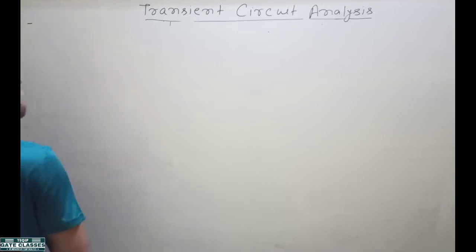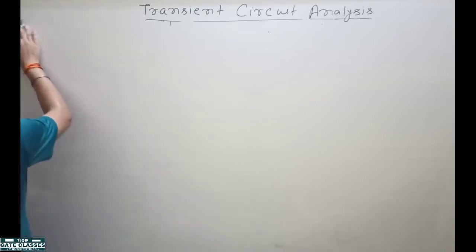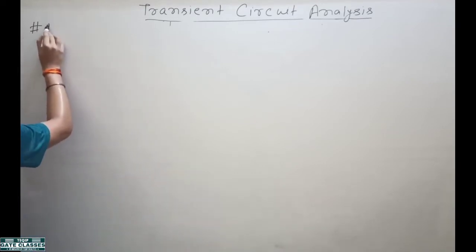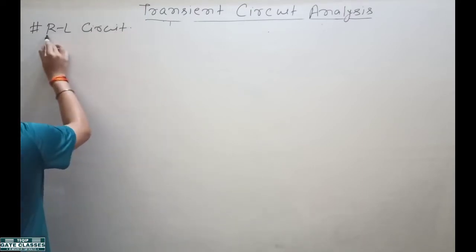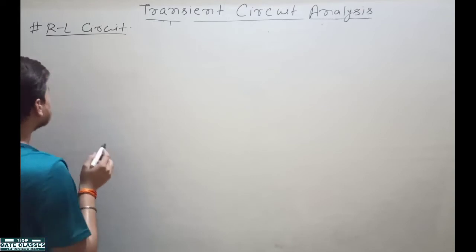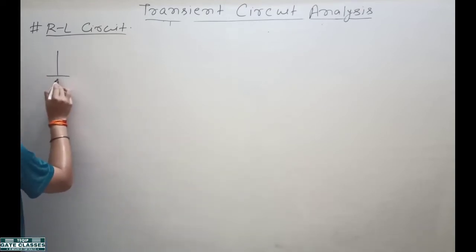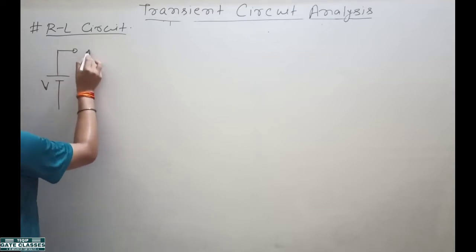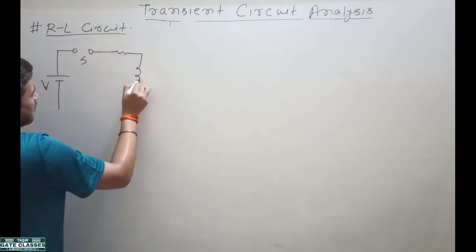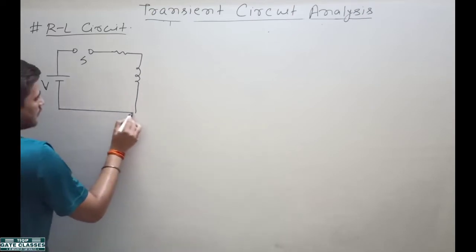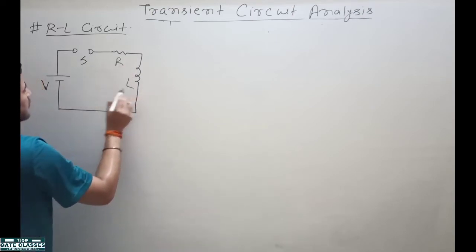Clear? So let us take first the RL circuit. Suppose you have a voltage source V and a switch S, with a resistor and inductor connected in series.